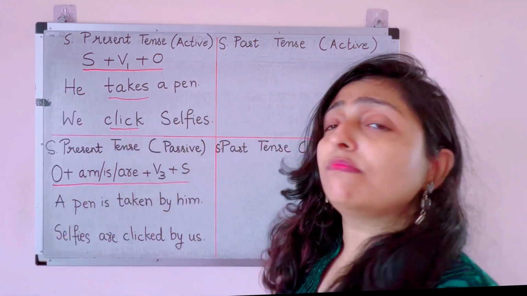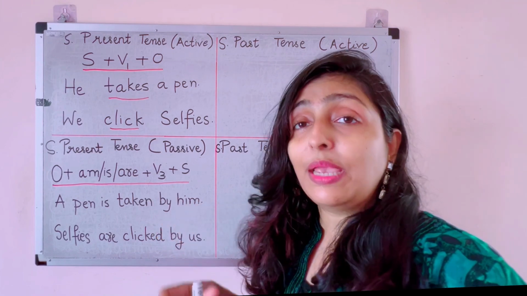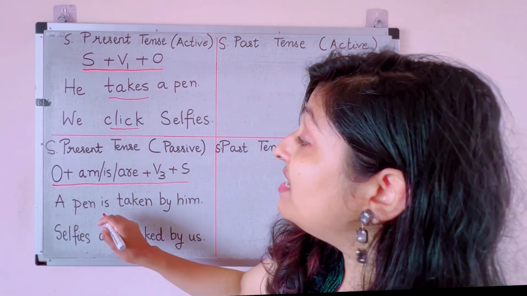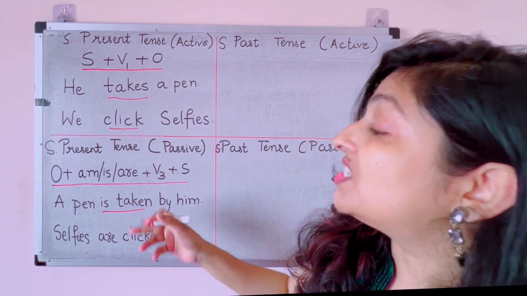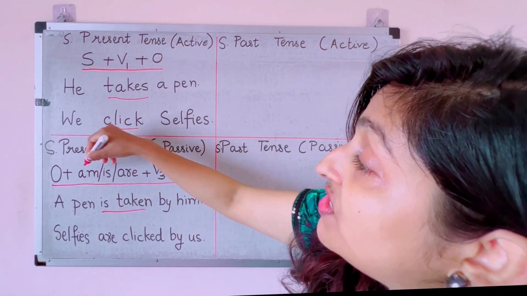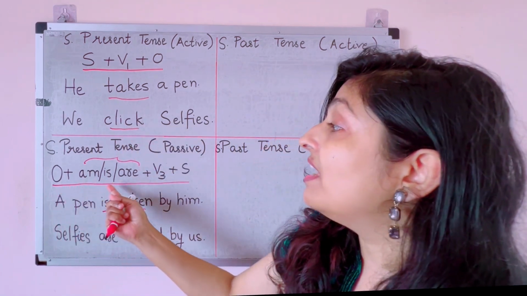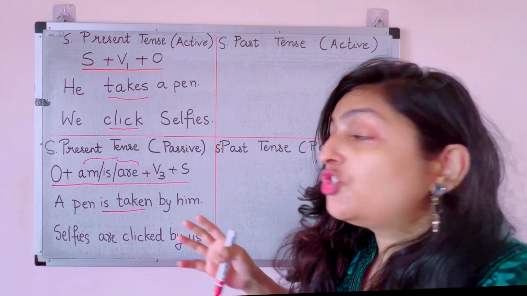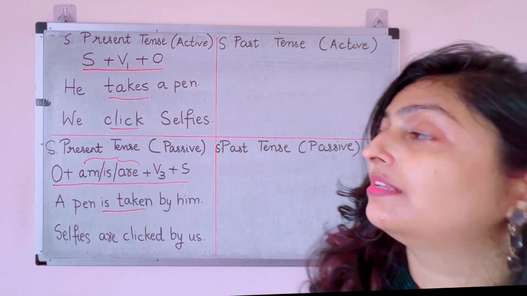The object comes first, that is a pen, is taken by him. A pen is the object. Is taken is the verb. You have to choose one of the auxiliary verbs from this. A pen is taken by him. Taken is the V3 form of take or takes.